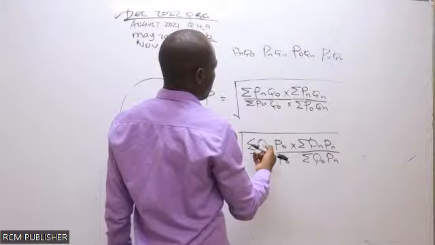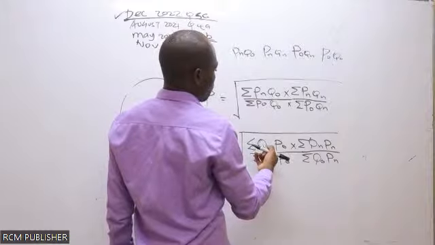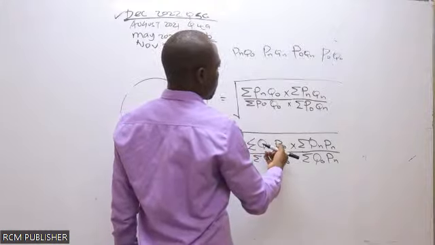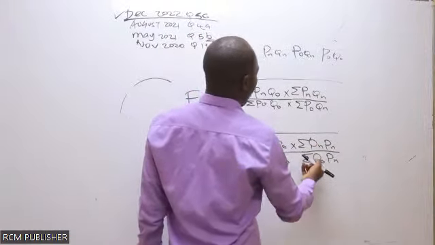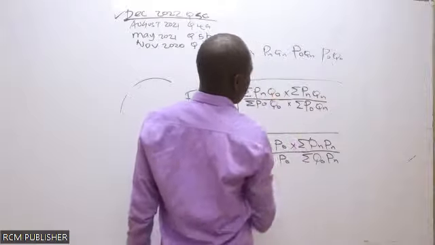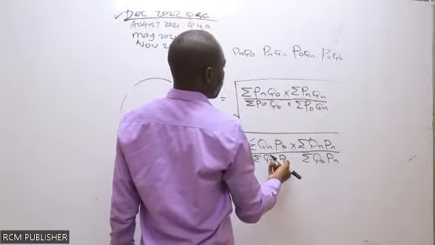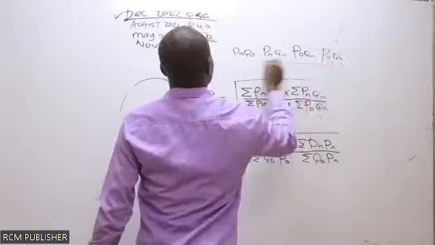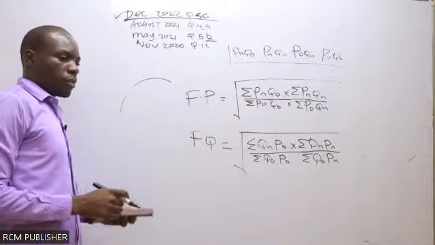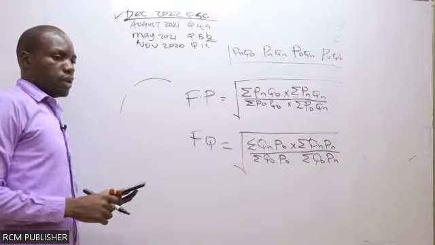Any other that we are leaving out? Qn Q0, we've taken that. Pn Qn, we've taken that. Q0 Pn is here, then Q0 P0 is there. So once you have these four, you'll be able to calculate this.